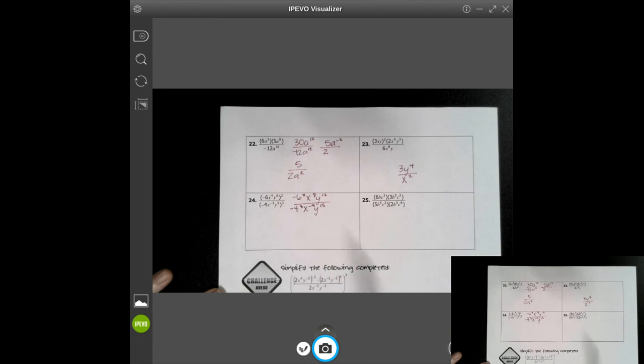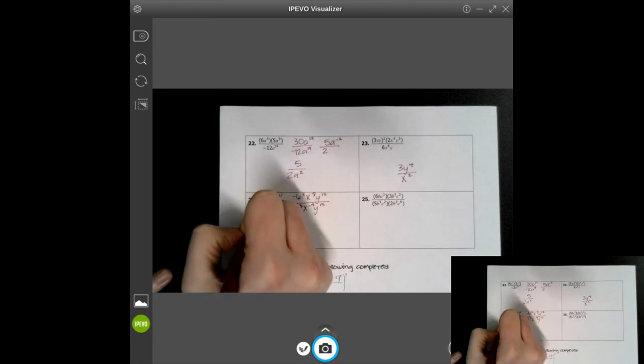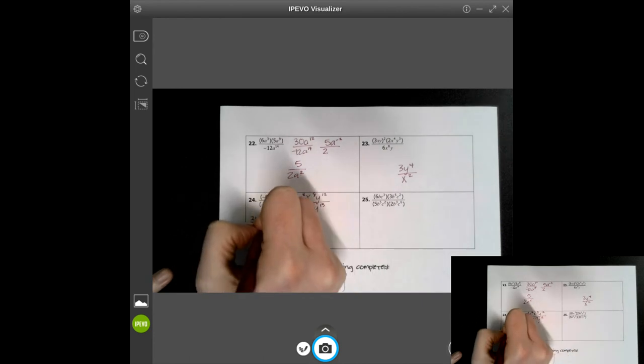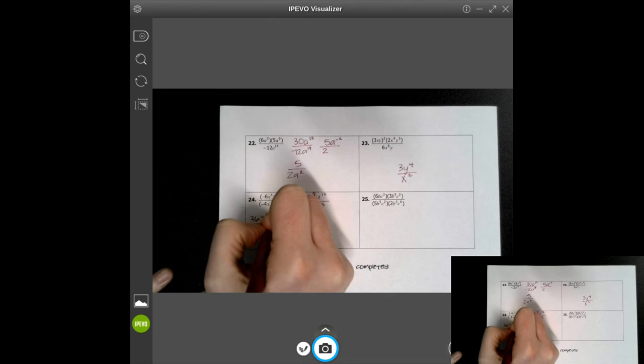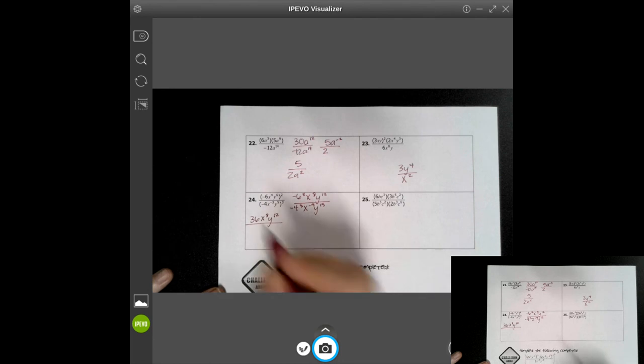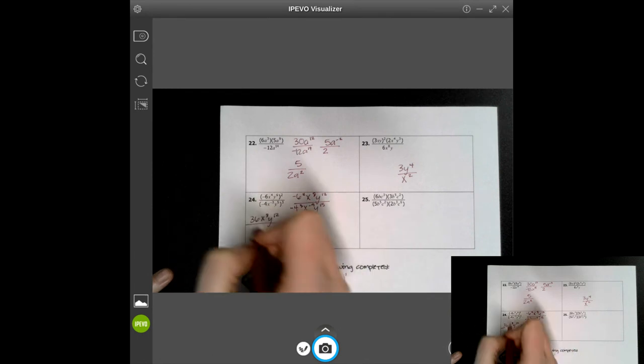Okay, but I can simplify them, so this would become positive 36 because it's squared, x to the 8th, y to the 12th, over, and then my 64 would actually be negative because it's to the 3rd power.